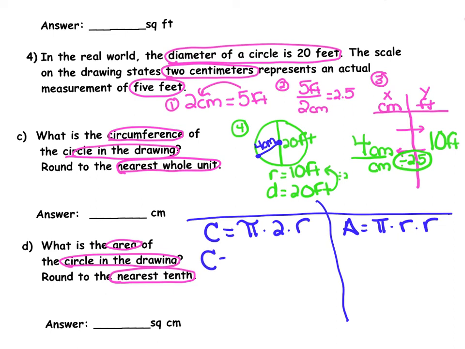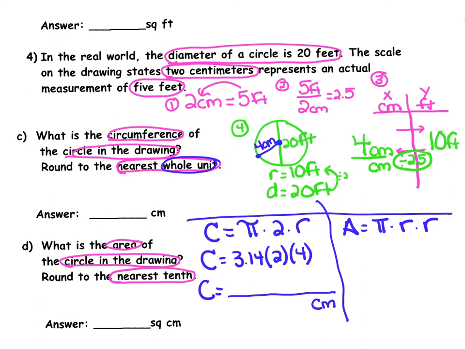Now, we're going to use 3.14 for the value of pi times 2 times 4 centimeters. Go ahead and calculate the circumference in centimeters. Write everything down that appears on your screen, and then make sure you round your final answer to the nearest whole unit.